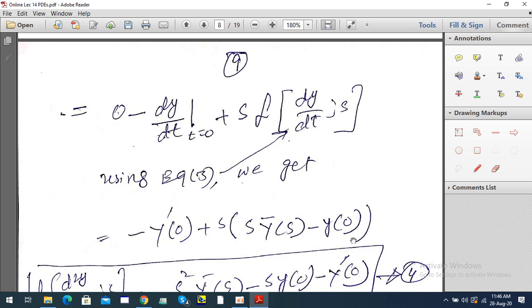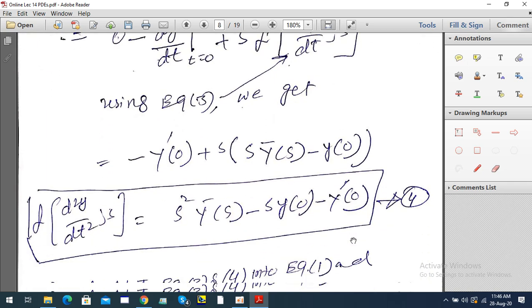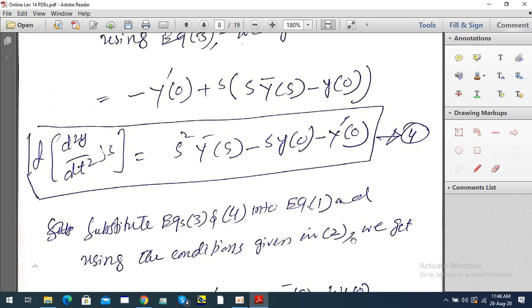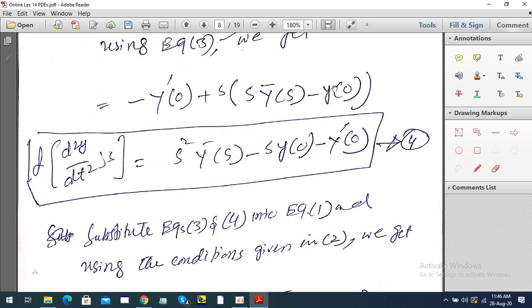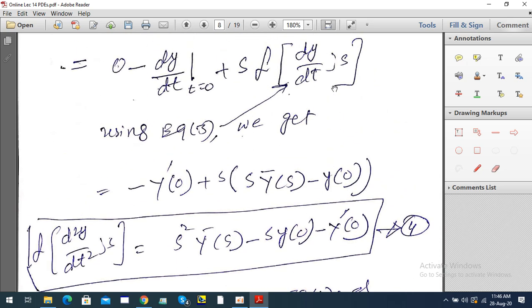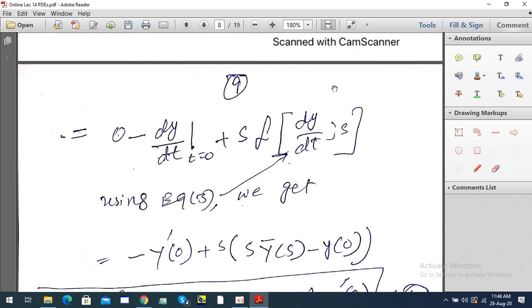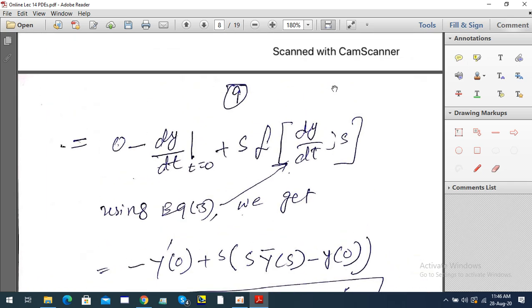So you can see this one, and then the Laplace of d square y by dt square is s square y bar is minus s y0 minus y dash 0. So you have to use that the Laplace of dy by dt is this thing.